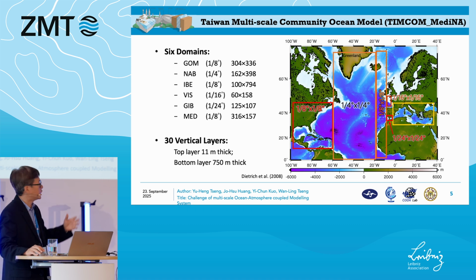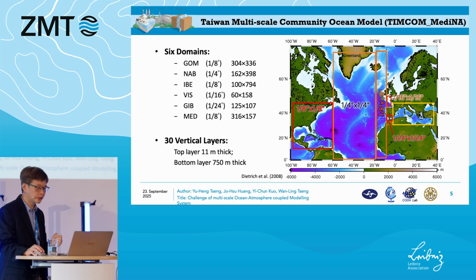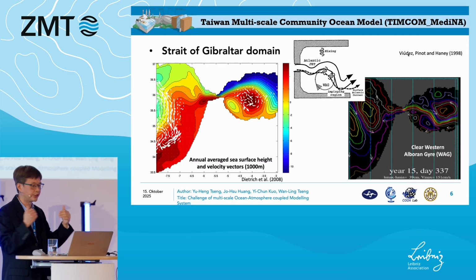For the open ocean, we use a coarser grid resolution. For the Mediterranean Sea, we use around 1/8 degree. But in between, there is the Strait of Gibraltar. We use high resolution there, around 4 kilometers, to try to resolve the dynamics associated with this exchange.